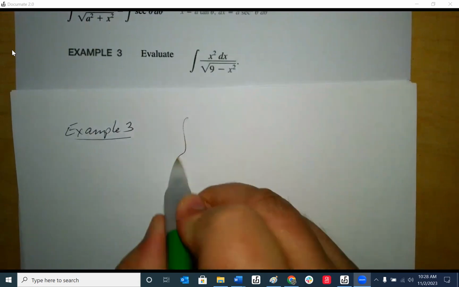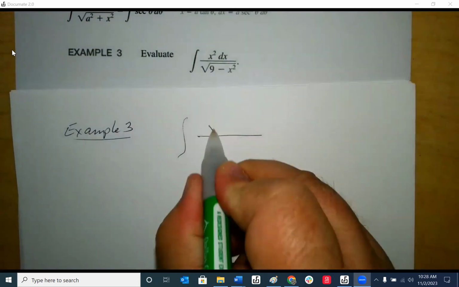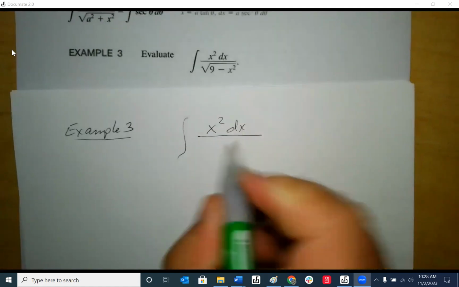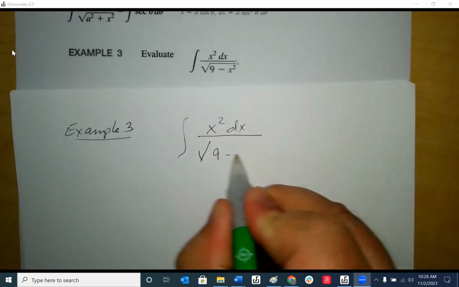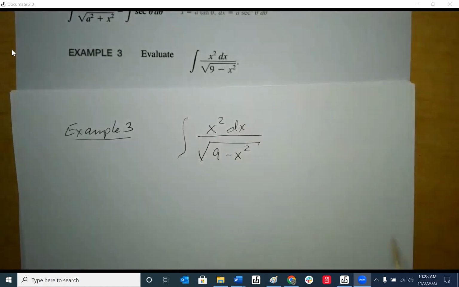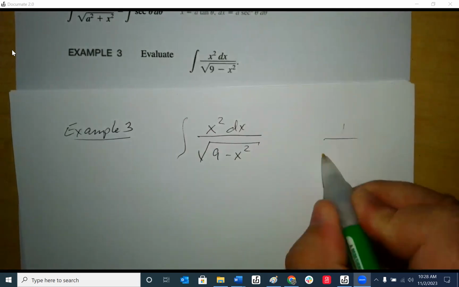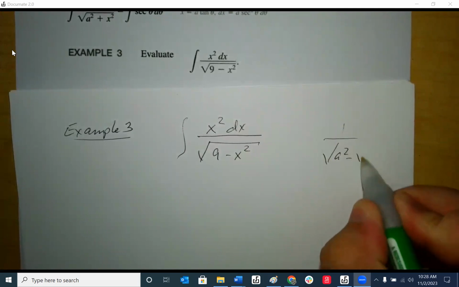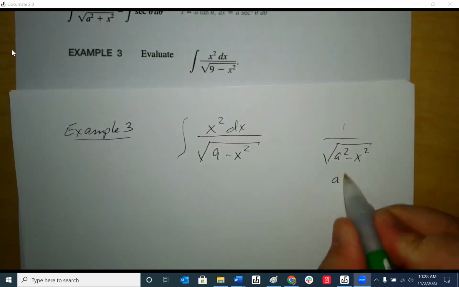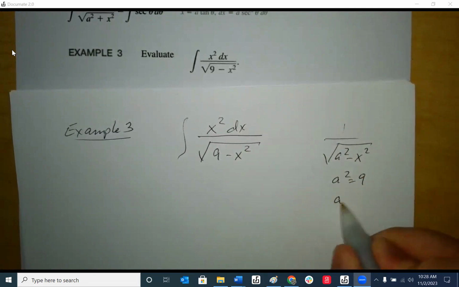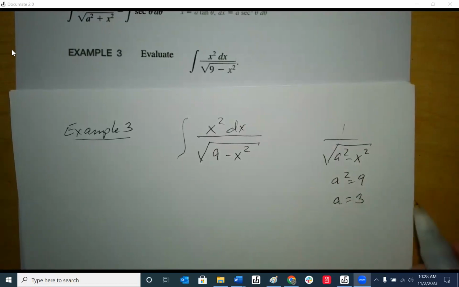So we have the integral of x squared dx over 9 minus x squared. What we'll look at is 1 over a squared minus x squared. Since a squared is 9, that means a is 3.